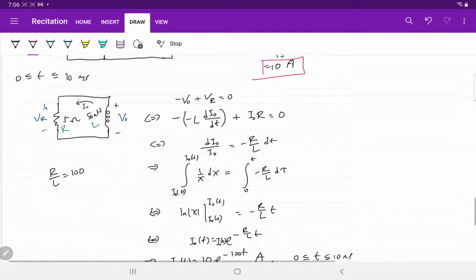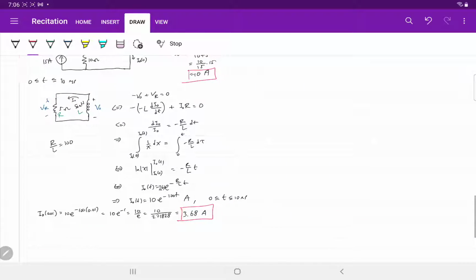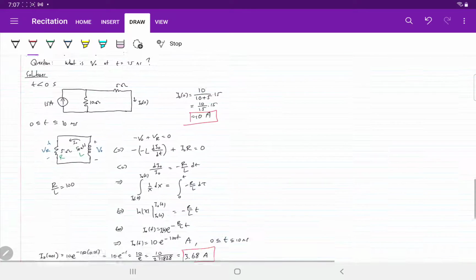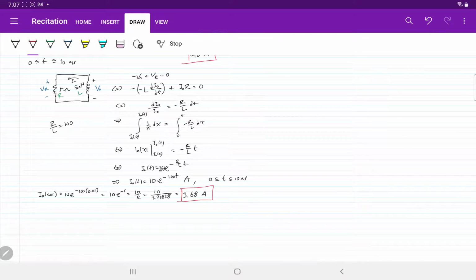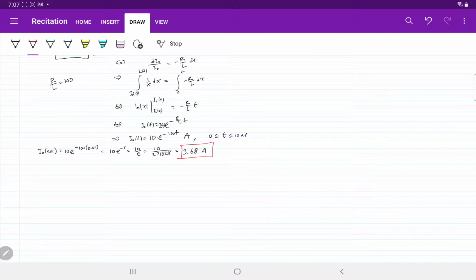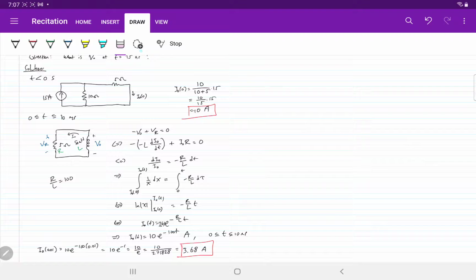Okay, so this is what we have so far. Next, what is the next time step? Switch number 2 closes. Okay, so we have the following circuit. It's the same circuit as this one, but we add another new resistor.